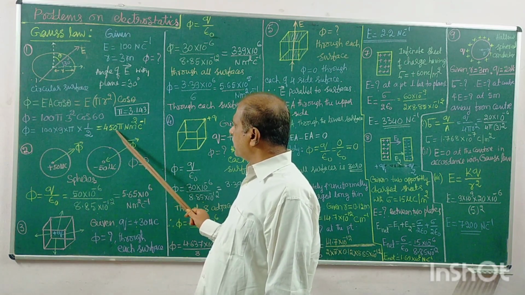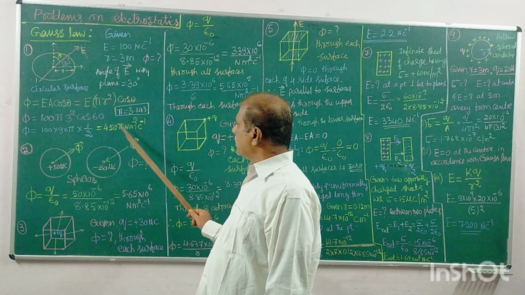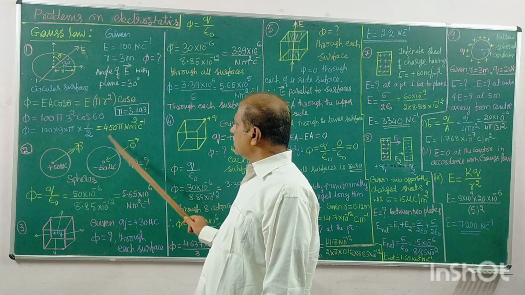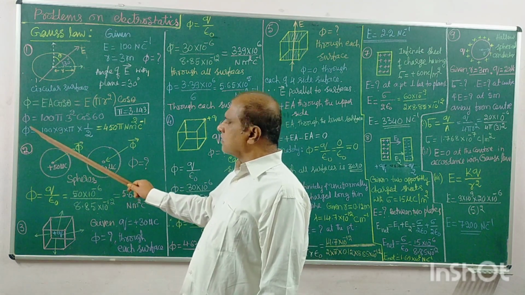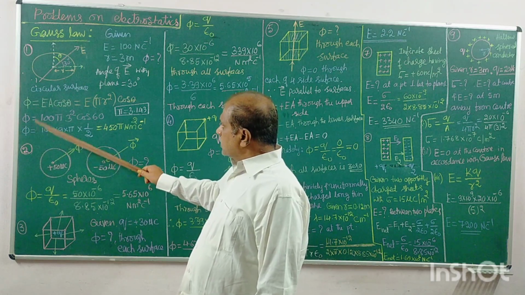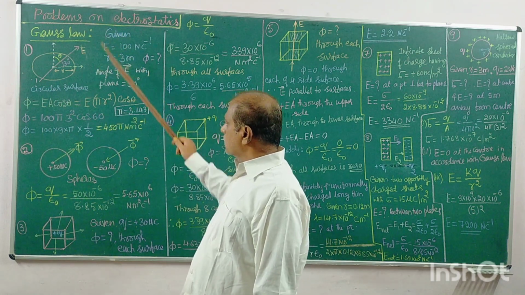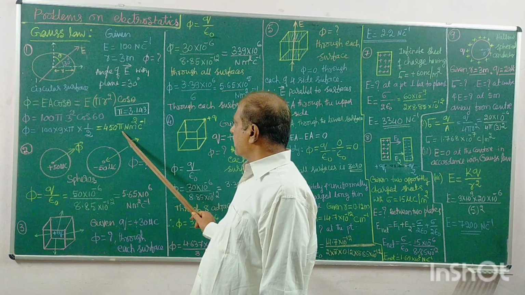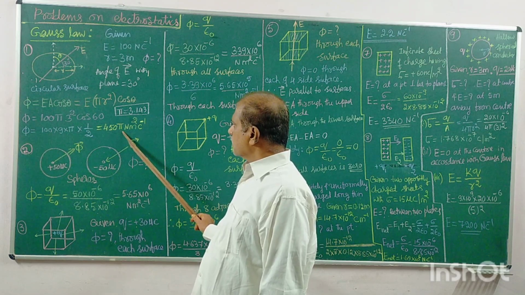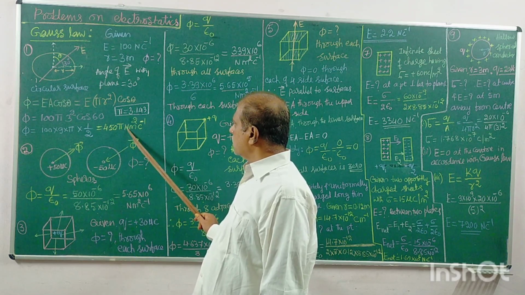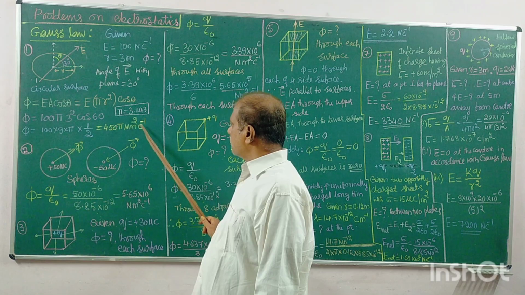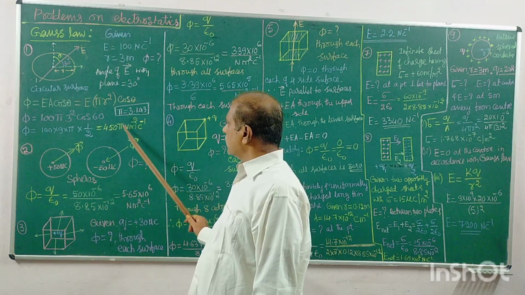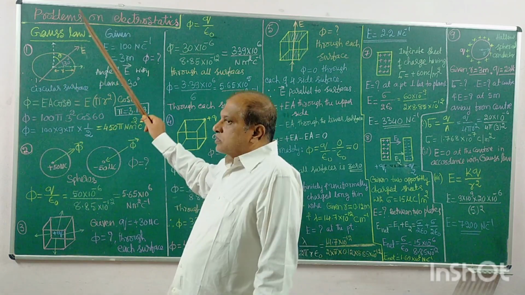That is the electric flux through the plane, the magnitude of the electric flux. The SI unit is Newton square meter per coulomb. It is the SI unit of electric flux through the surface.